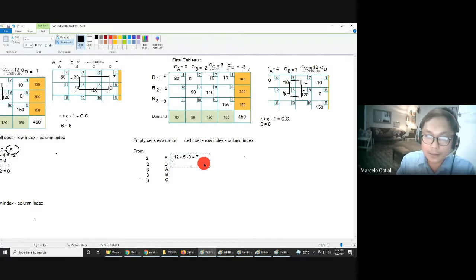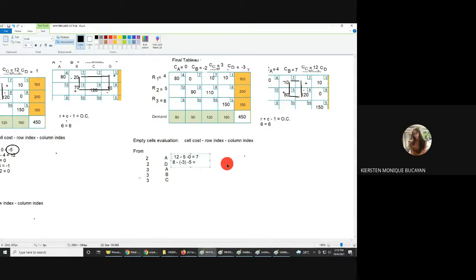Okay, 8 minus negative 3. Okay, negative 3. Next, 5, no? Minus 5. Okay, 8 minus 5 minus negative 3. Pwede mag-alter. Okay, answer, please. 0 po, sir. 0.